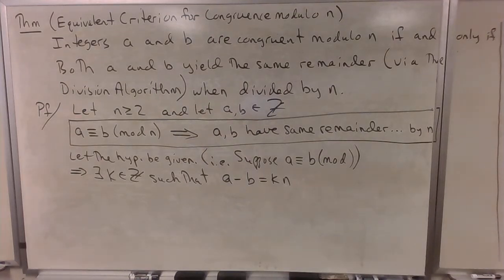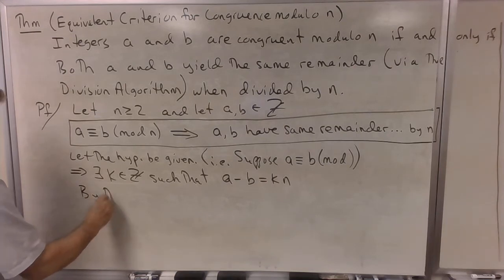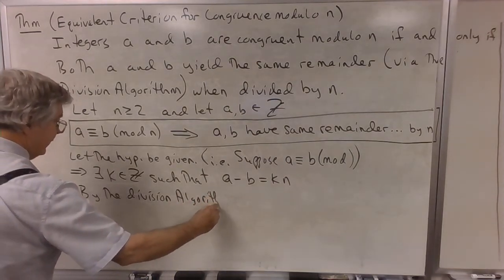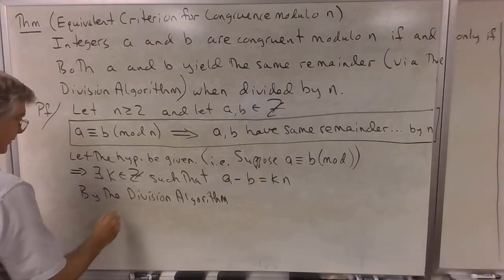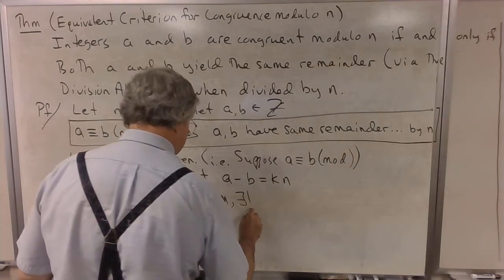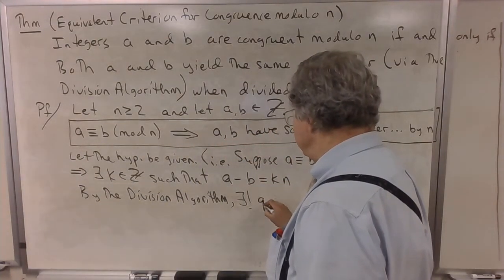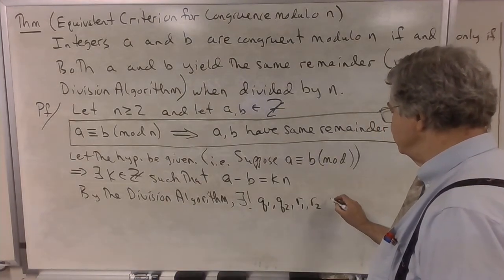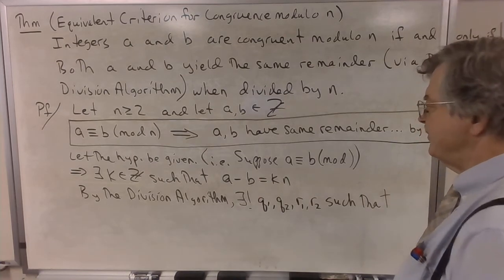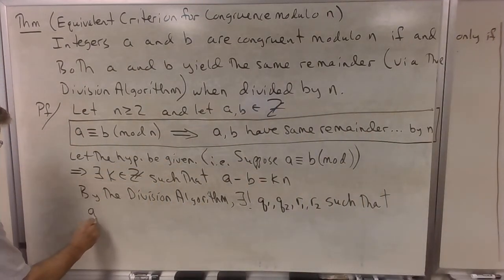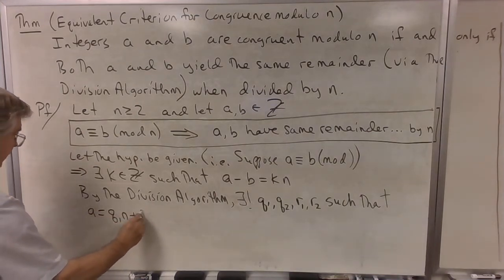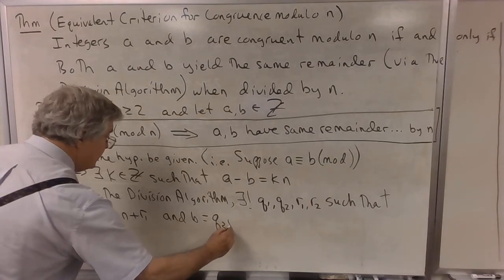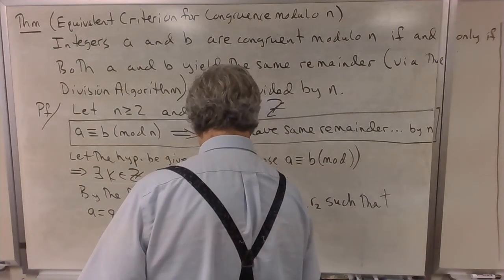By the division algorithm, there are unique q1, q2, r1, r2 such that a equals q1n plus r1 and b equals q2n plus r2.